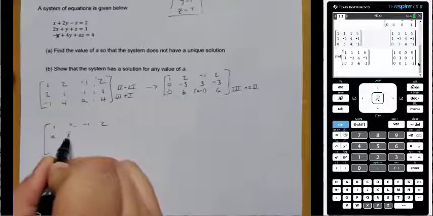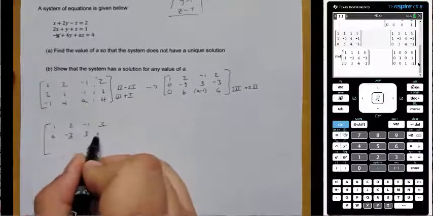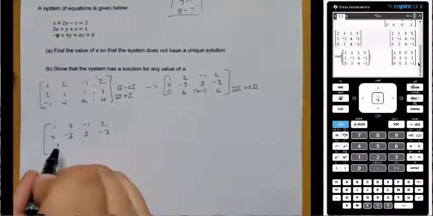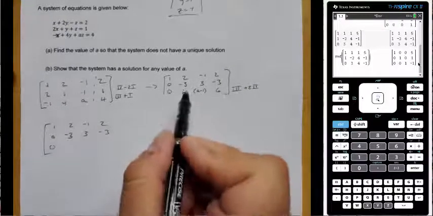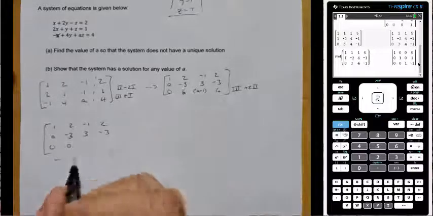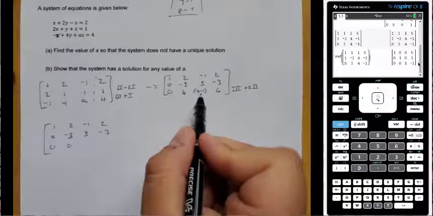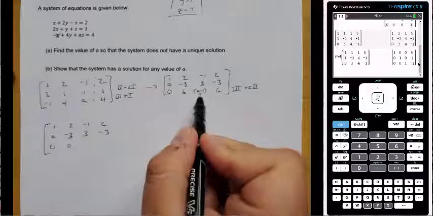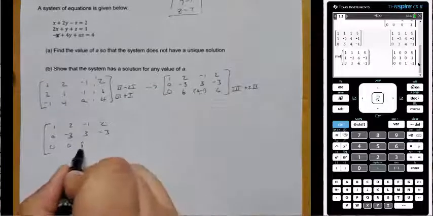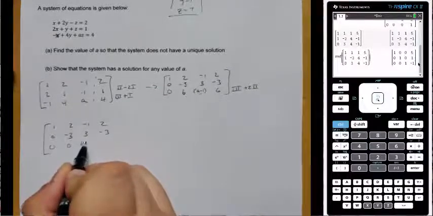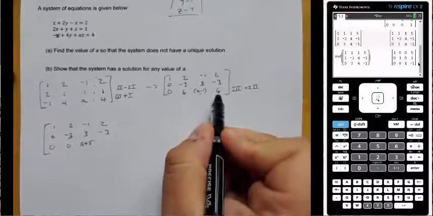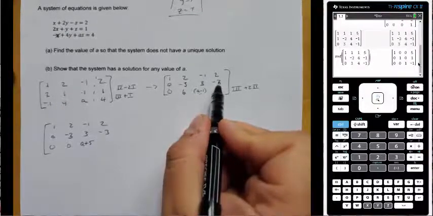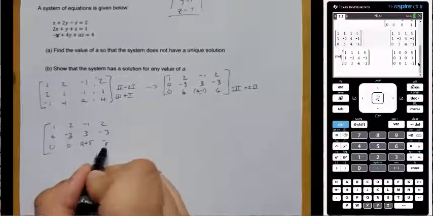I get the same row 2 because I did nothing to it. And I get the following. 0 plus 2 times 0 is 0. 6 plus -3 times 2 is 0. a minus 1 plus 2 times 3, a minus 1 plus 6 is a plus 5. 6 plus -3 times 2, 6 plus -6 is 0.